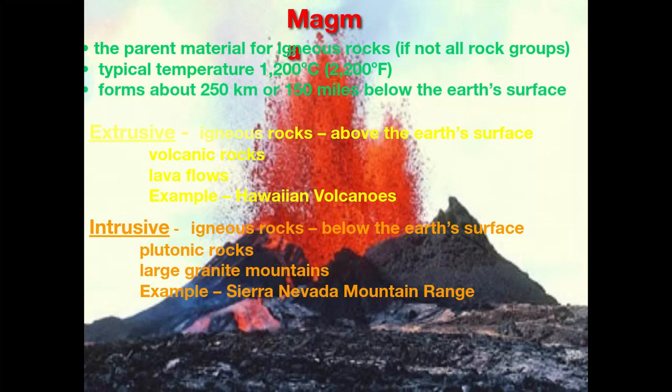I knew a colleague, a friend who was working on his doctorate degree at the University of Idaho when I was attending, and he was a volcanologist, meaning he was a person that studied volcanic rocks. His PhD dissertation was over at the Galapagos Islands, which is a set of islands just off the coast of South America. One of his research duties, if you will, was to take samples of lava.